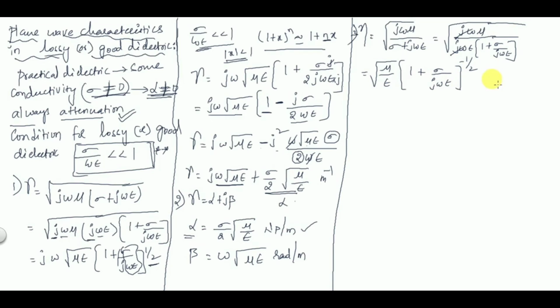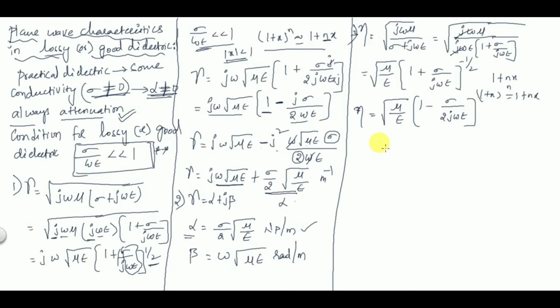Now 1 plus x whole power n can be written as 1 plus nx. So eta is equal to root of mu by epsilon into 1 minus sigma by 2j omega epsilon.